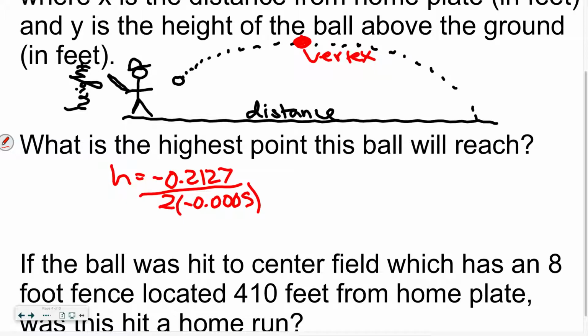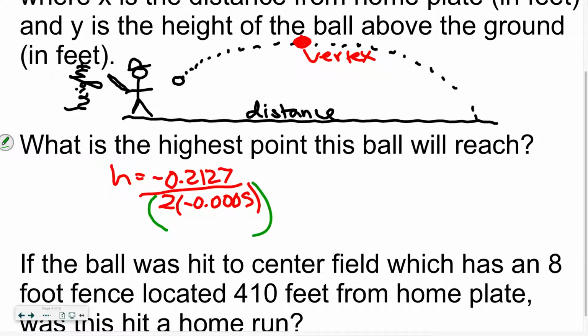Now, be real careful with this. If you're going to do this all at once in your calculator, then you have to tell the calculator to do the denominator first, so you'd have to protect it with its own parentheses. If you don't put parentheses around 2 times negative 0.005, then it will divide by 2 and multiply, not divide and divide.